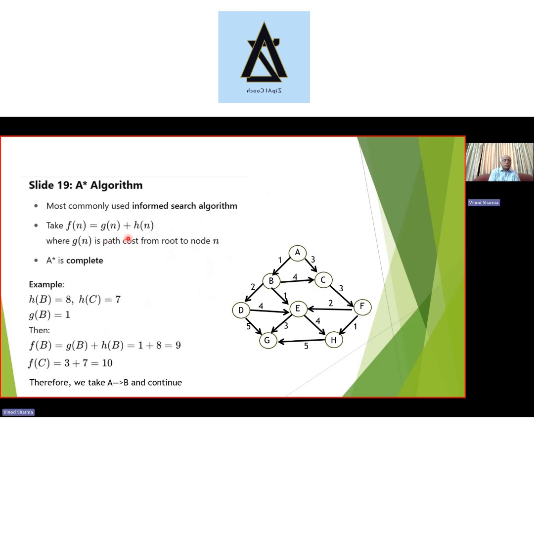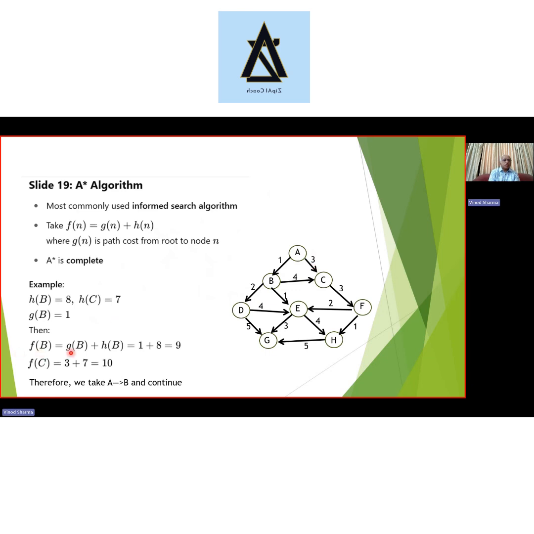If you are going to do best first search using this f(n), this is called the A star algorithm, and this is a complete algorithm, in the sense that it will provide a solution if there is a solution. Example, again, for h(n) we took h(B) equal to 8, h(C) equal to 7, as we have taken earlier. Now, g(B) is equal to 1, and g(C), that is the cost from A to C, is 3.